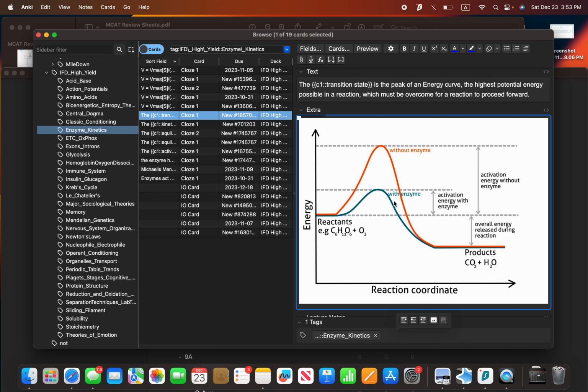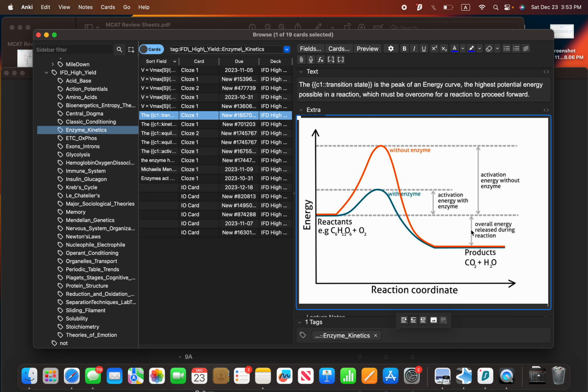So with enzyme, you are lowering the energy of the transition state, which is why it takes less time for the reaction to go through. So the activation energy with enzyme is like this, and the activation energy without the enzyme is too high.